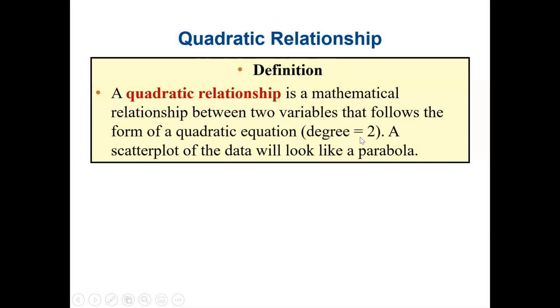If we remember college algebra, for example, x squared plus 2x plus 10 equals 0 is a quadratic equation, because in a quadratic equation, the highest exponent for the variable is 2, which we call the degree. So now the scatter plot, and we know in a quadratic equation, the form will be what? A parabola. The parabola may open upward or downward based on the first variable, the x squared coefficient, if the value is positive or negative.